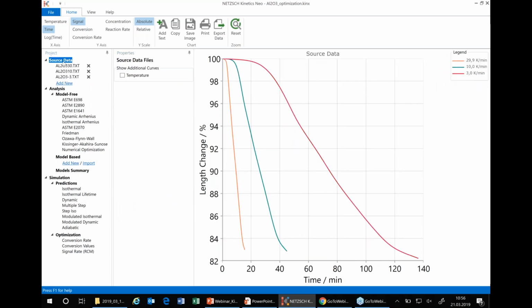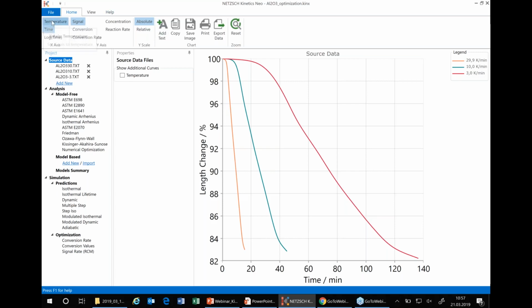Now we have experimental data with 3 different heating rates. One is very fast heating, orange, with very fast sintering, very fast shrinkage. The second one is green, slower heating, slower shrinkage. And the last one, red, is a very slow heating rate and very slow sintering rate.